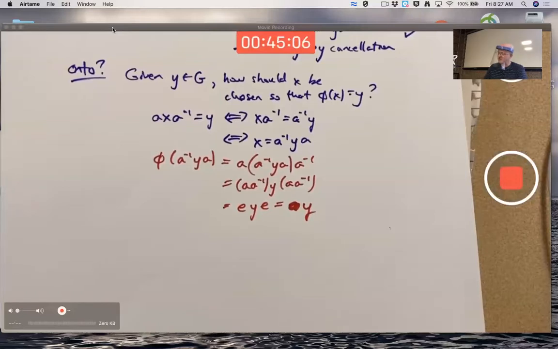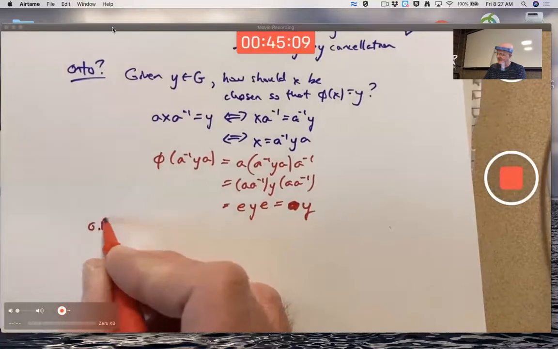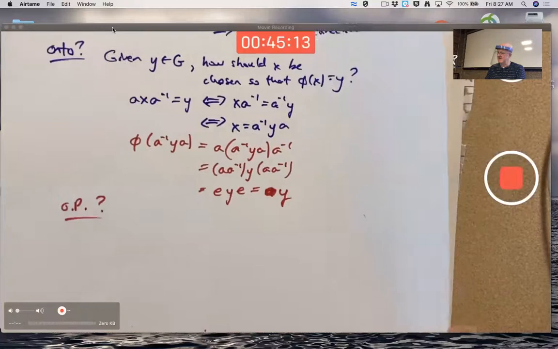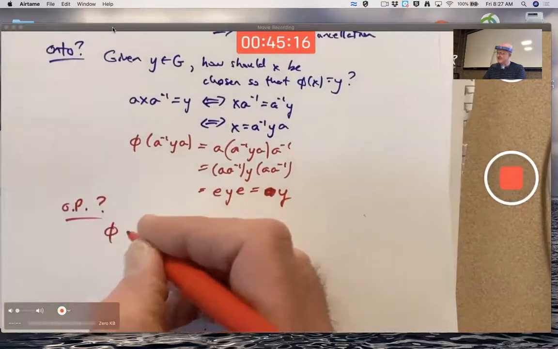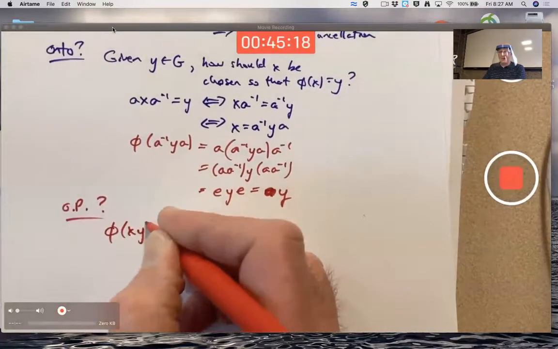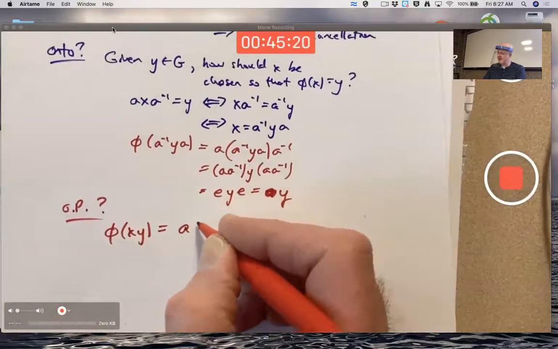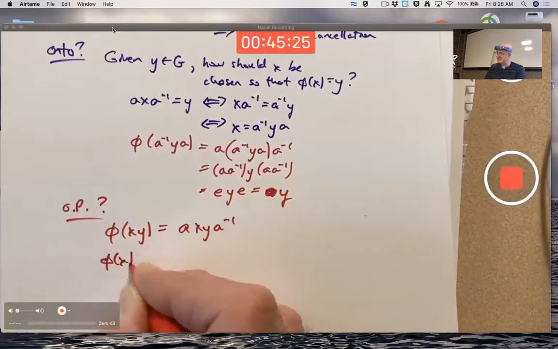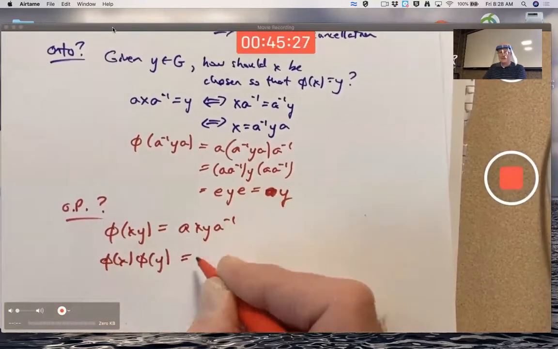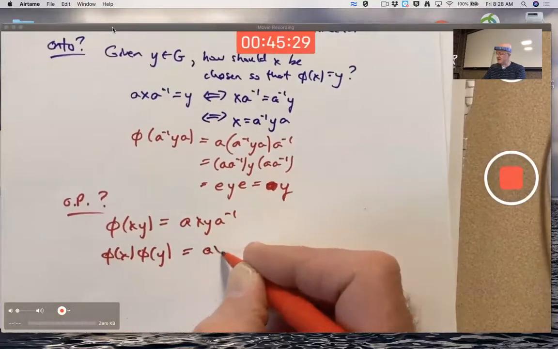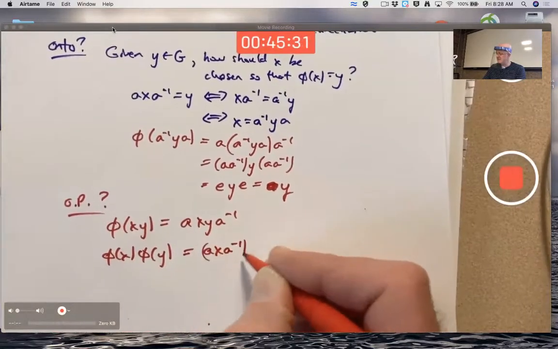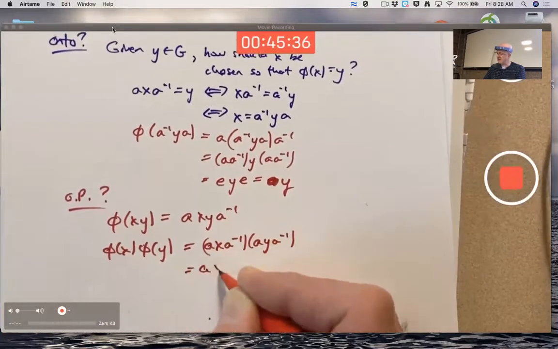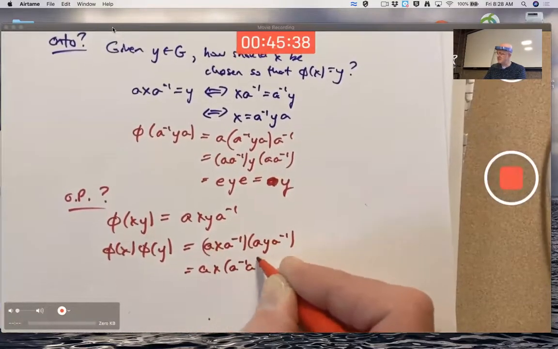Is it operation preserving? Uh-huh. What's phi of xy? That would be a times xy times a inverse. Is that the same as phi of x times phi of y? Yeah, after you do a little calculation, it is. Again, if you want to be extra picky, use the associative law here.